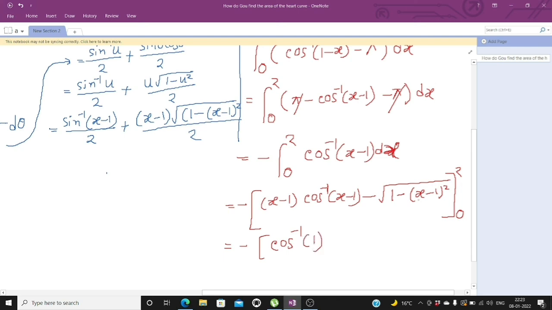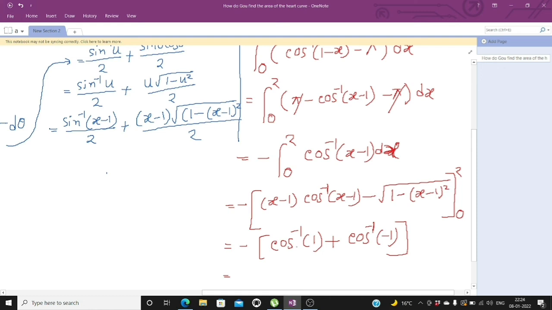Again this other part is 0. Now if we put 0 here, then there is a minus 1. Also there is a minus sign, so plus, and cos inverse also absorbs the minus part, so it becomes cos inverse minus 1. Okay, and this other part is again 0. So now we are left with simply minus of cos inverse 1.